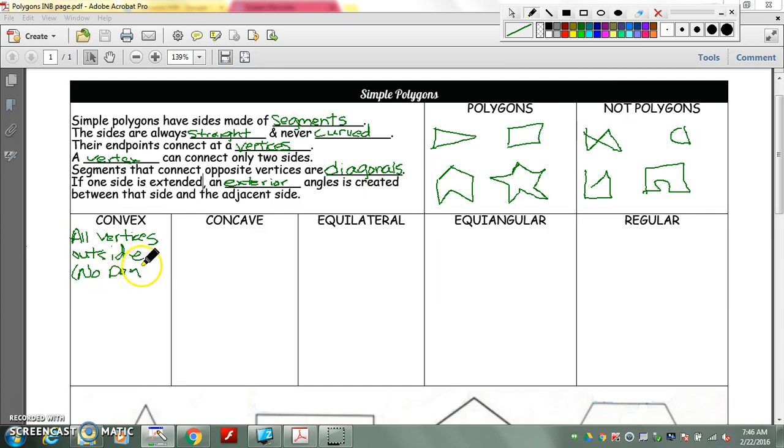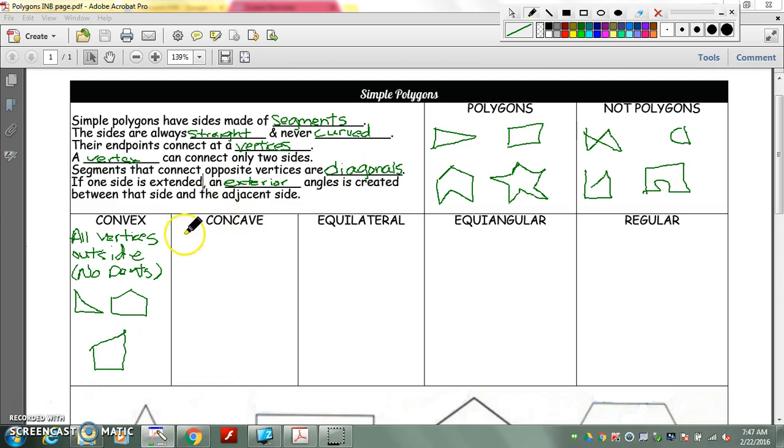No dents. So examples would be like a right triangle here that doesn't have any dents. This pentagon doesn't have any dents. This quadrilateral doesn't have any dents.